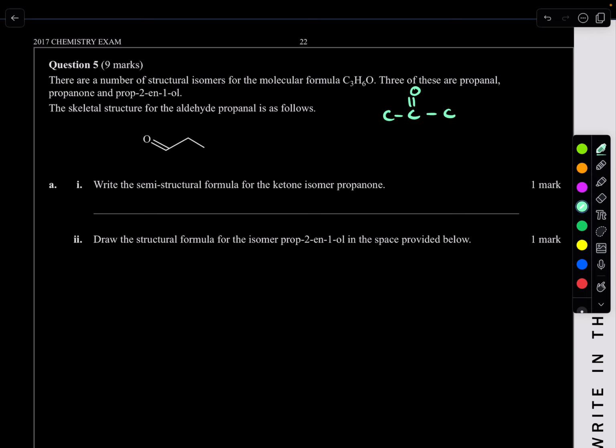So it has to be in the middle. And then of course these are just going to be your hydrogens, which we have 6 of. That looks good. So it's just going to be easy: CH3, CO, CH3. And that's it.